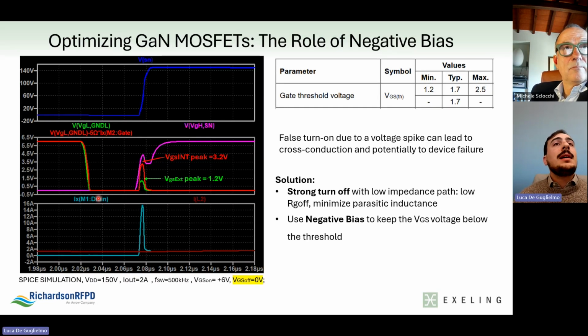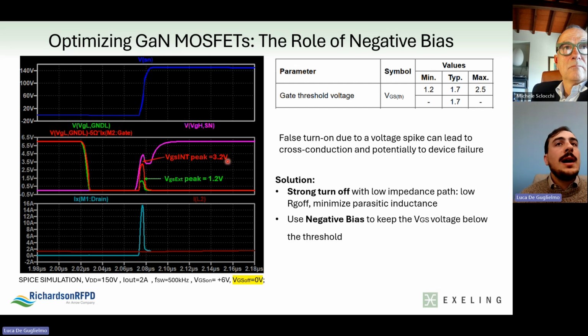Here are the results of a simulation during a positive dv/dt transition. The drain gate capacitive current, shown before, creates a voltage spike of about 1 volt across the gate source voltage. However, due to the internal gate resistance, the internal gate source voltage is higher than what you can see on the gate pin.